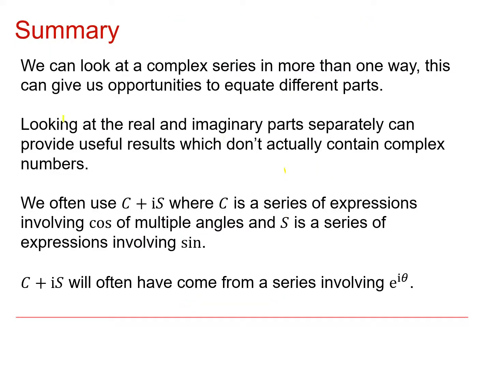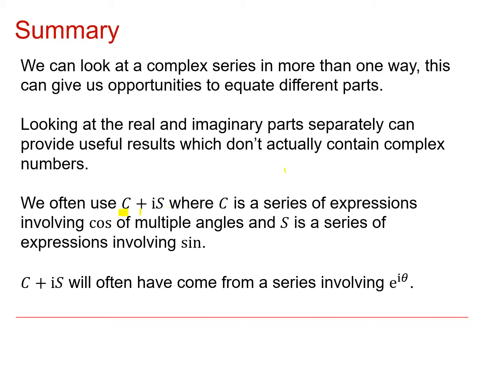So in summary, we can look at complex series in more than one way, and what we were doing then was looking at the series itself and how its sum to infinity or sum to n terms might work out. Looking at the real and imaginary parts separately can provide useful results which don't actually contain any complex numbers, and that's exactly what we did with that last series.